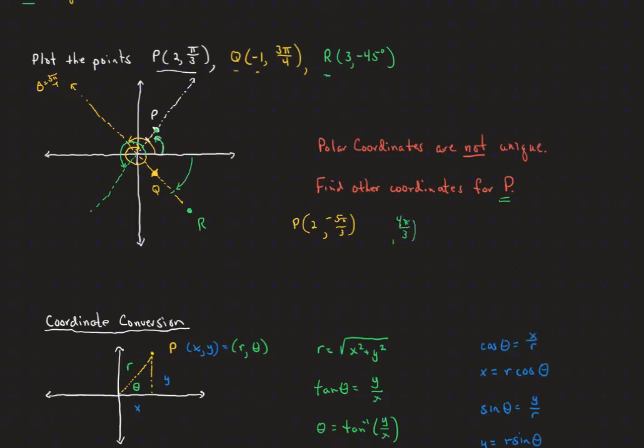That's putting us into quadrant 3. And then if we shot through the pole a length of negative 2, that would put us at that same point P. So an r value of negative 2 and an angle of 4 pi over 3 would also work for point P.